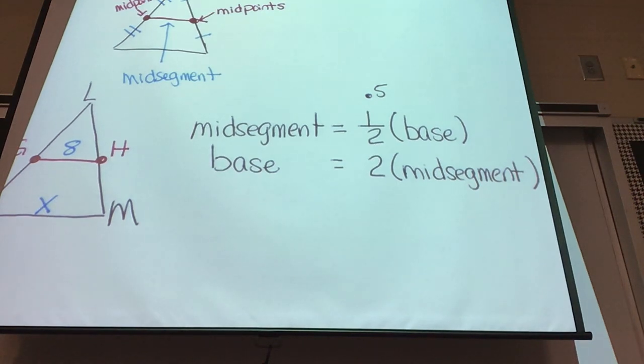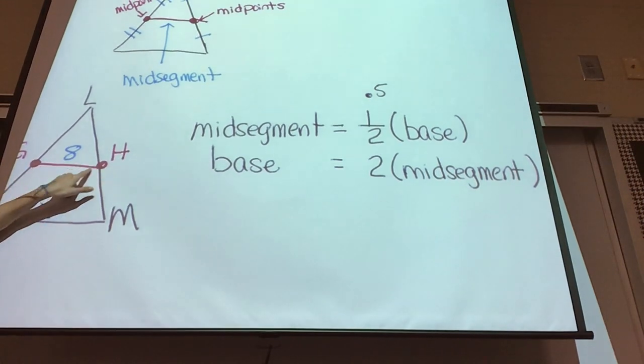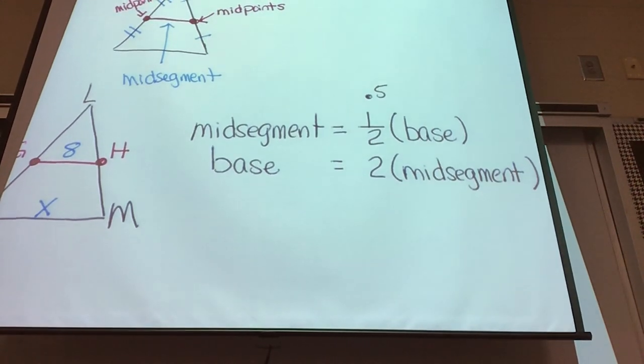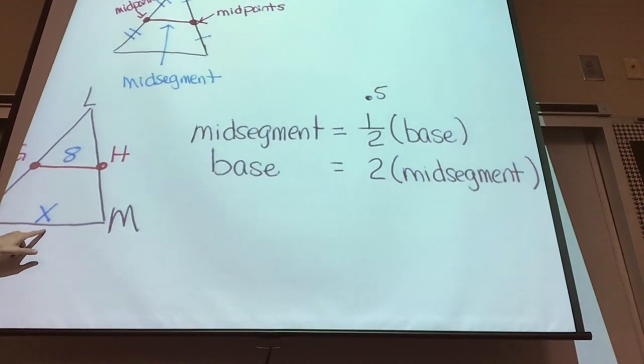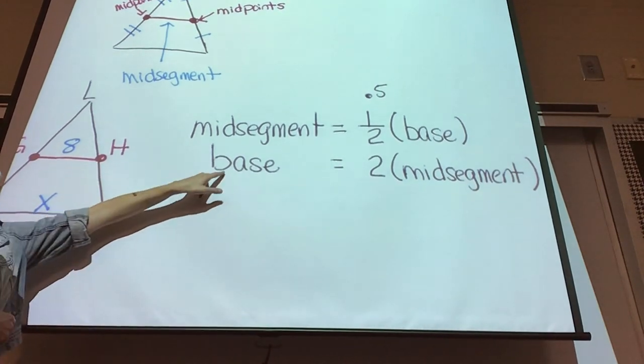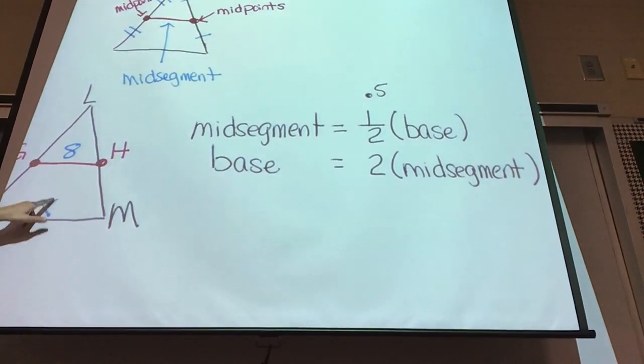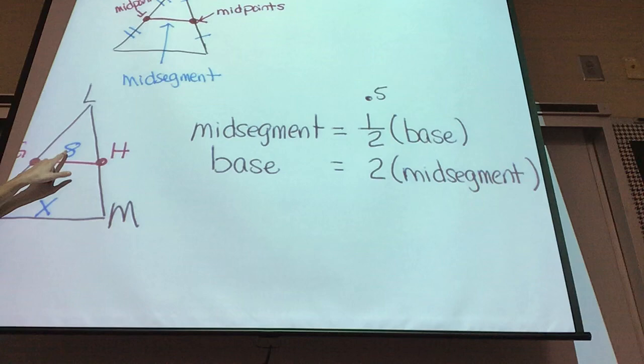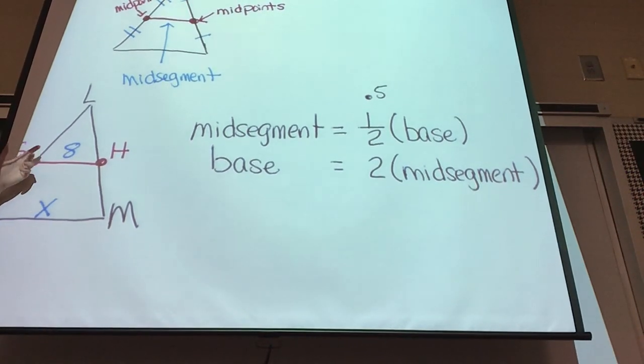Now, all you've got to do is use those two to solve what you're looking at. So in your problem, the 8 is which one? The mid-segment. So I gave you the mid-segment. The X is which one? The base. So you're going to be trying to find the base. So that means you're going to use this one. The base is this bottom one. So plug them in. If I want to find the base, all I'm going to do is put this in where the mid-segment is.